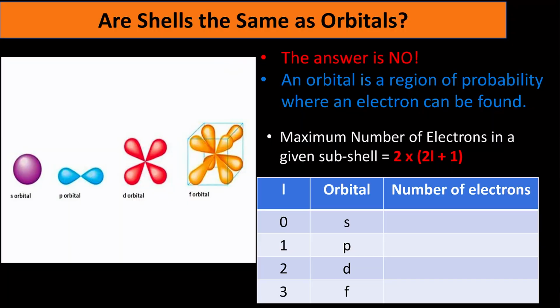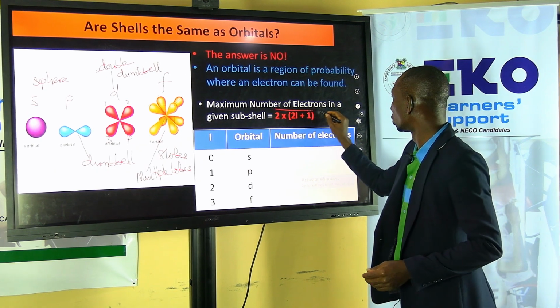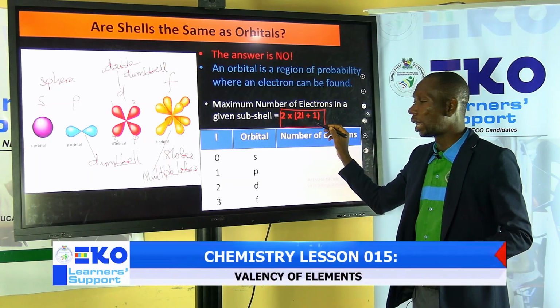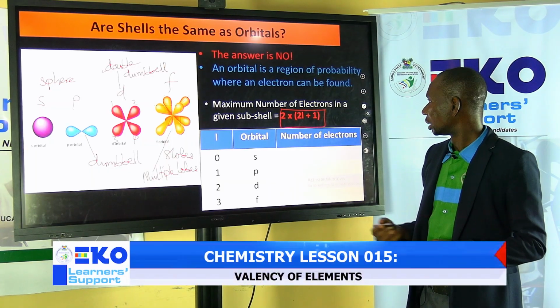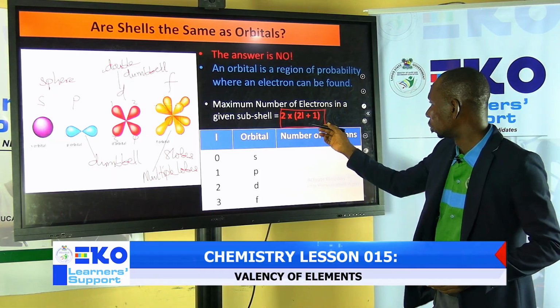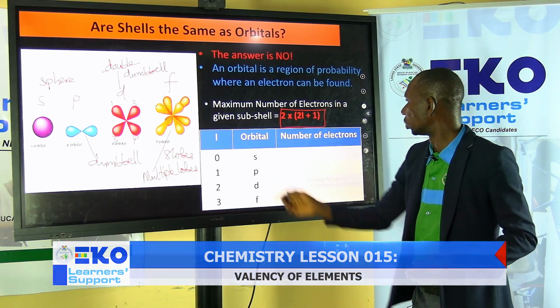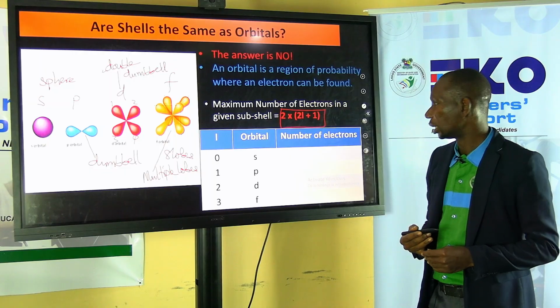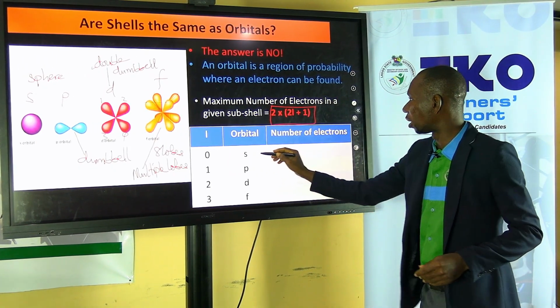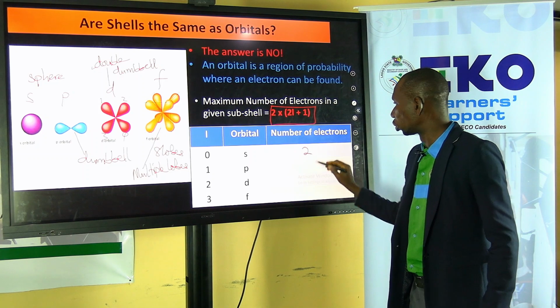Now, how many electrons can we have on the orbital? To be able to do that, we use this formula, which is 2 times open bracket 2L plus 1. Okay? Now, where L has these whole numbers, if you insert these whole numbers into the formula, you are going to see that the maximum number of electrons for the S is 2.